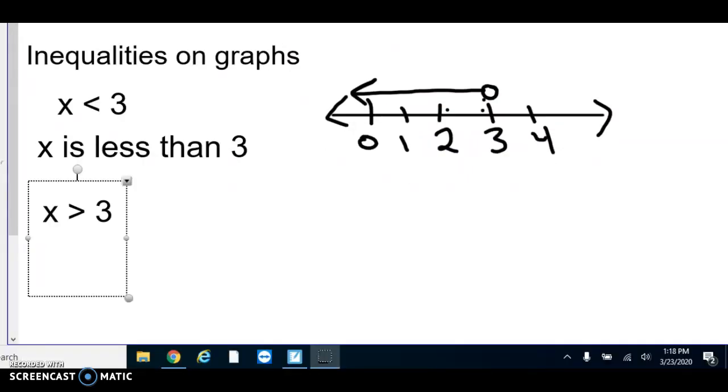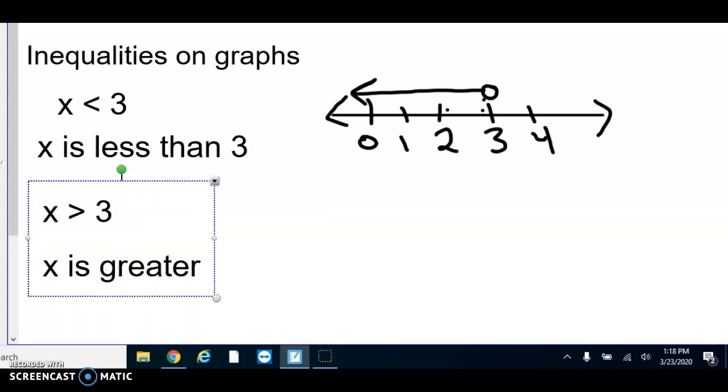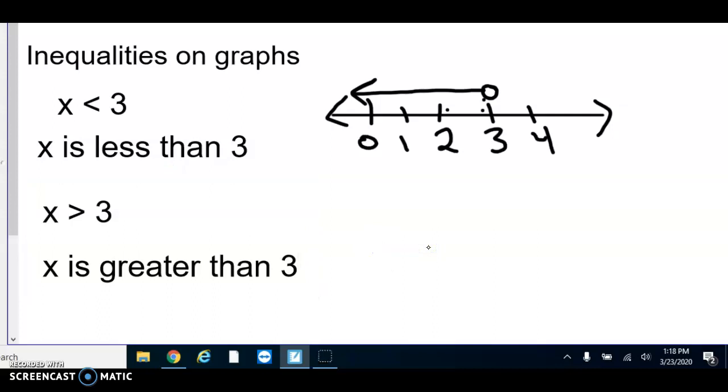If I go too fast at any point, just pause the video and catch up. Our next sign is x is greater than 3. So we'll do a number line again.